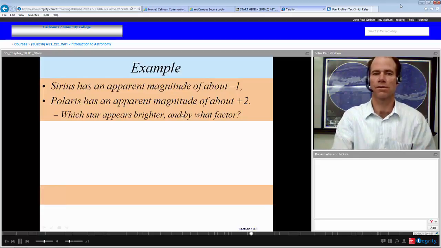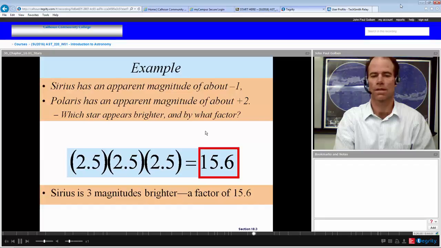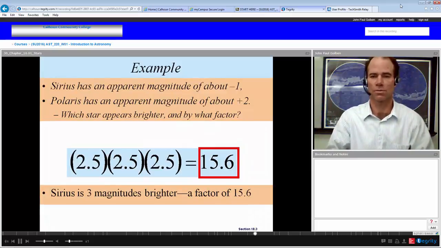So Sirius is a brighter star than Polaris, and it's brighter by 3 magnitudes, which means that it's brighter by a factor of 2.5 times 2.5 times 2.5, or a factor of 15.6. Sirius is 3 magnitudes brighter and a factor of 15.6 times brighter than Polaris. Sirius is one of the brightest stars in the sky.